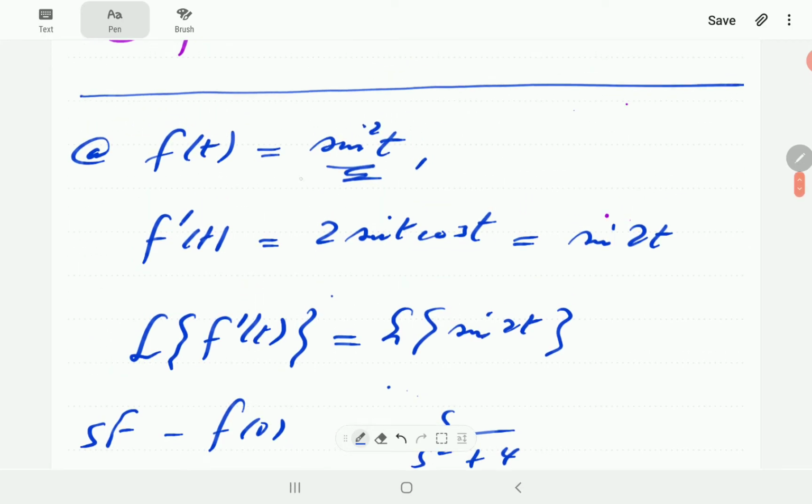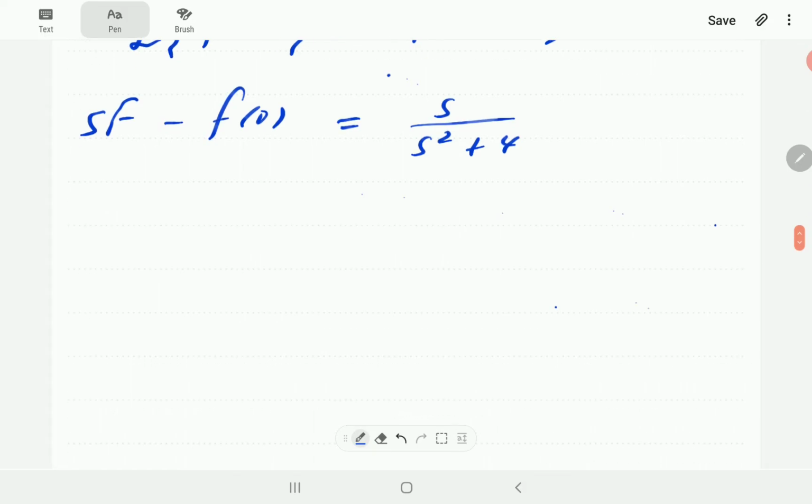Now remember, f is sine squared, so f at 0 is going to be sine squared at 0, which is 0. So that means this term here is going to be 0.